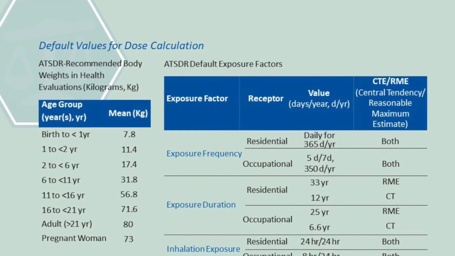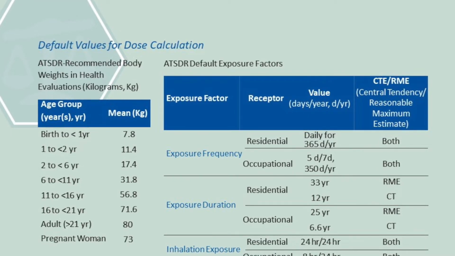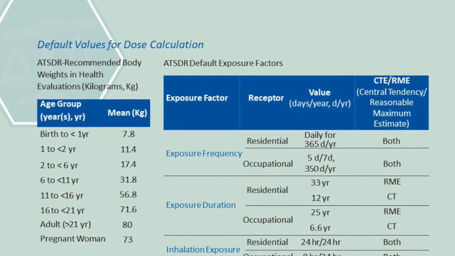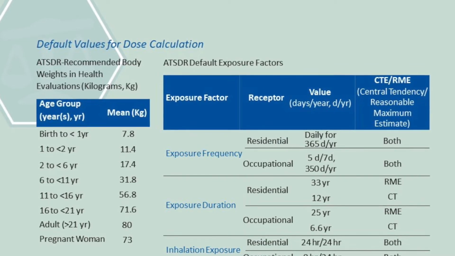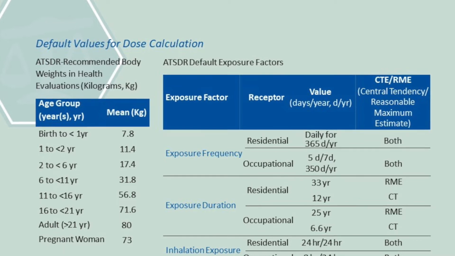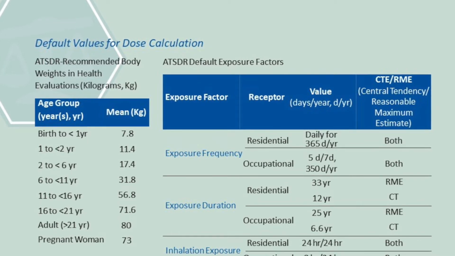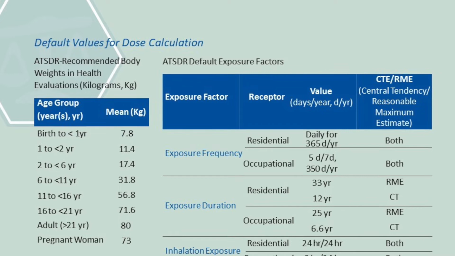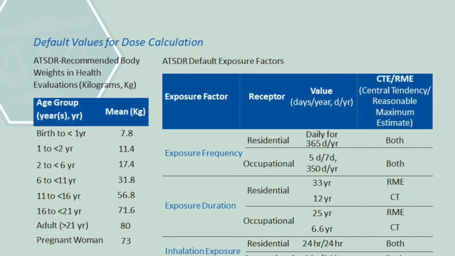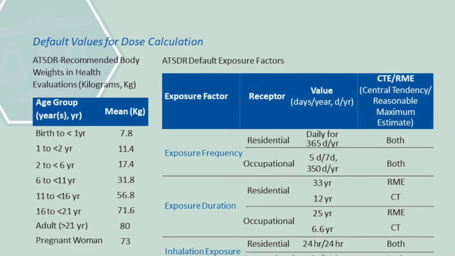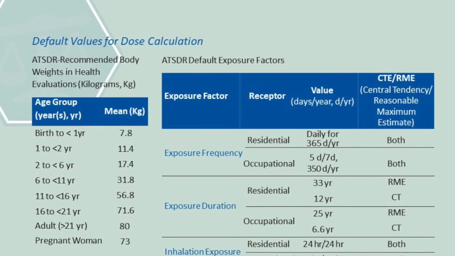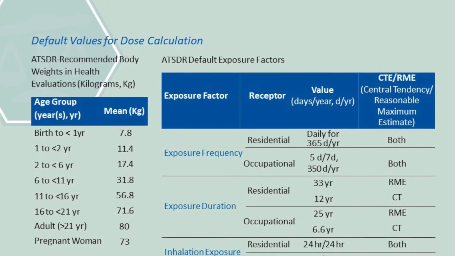If you look at the left panel, which I'd like to draw your attention to, the body weight varies quite a bit depending on the age of the child. When the kid is under 1 year old, weighs about 8 kilograms on the average, and then 11 kilograms between 1 to 2 years, and when the kid is 6 to 11, goes up to 32 kilograms.